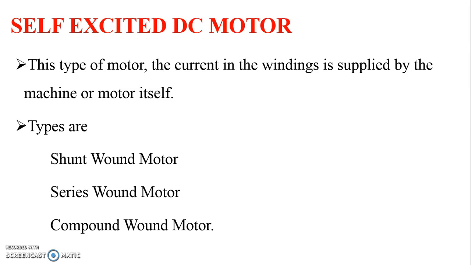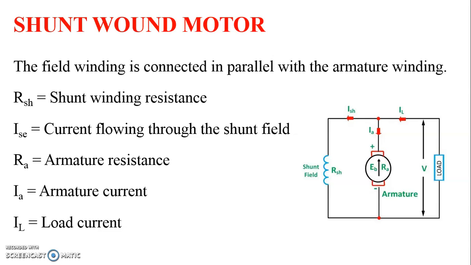One is the shunt wound DC motor, the other one is the series wound, and finally the compound wound DC motor. So first is the shunt wound DC motor. For a shunt wound motor, the field winding is connected in parallel with the armature winding. The two windings are connected in parallel. That's why it is called a shunt wound motor.